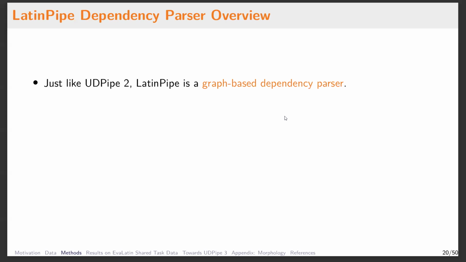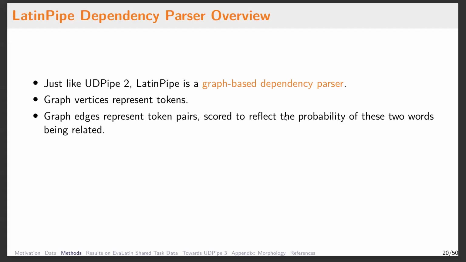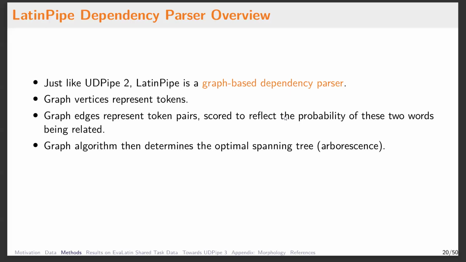The parser, the LatinPipe, just like UDPipe 2, is a graph-based dependency parser. That means that the tokens of the sentence are represented as graph vertices. Each token gets one vertex in the graph. And for each pair of the tokens, you will have a graph edge. And on these edges, for each token pair, you will get a score that says how probable is it that these two words should be related in the dependency tree.